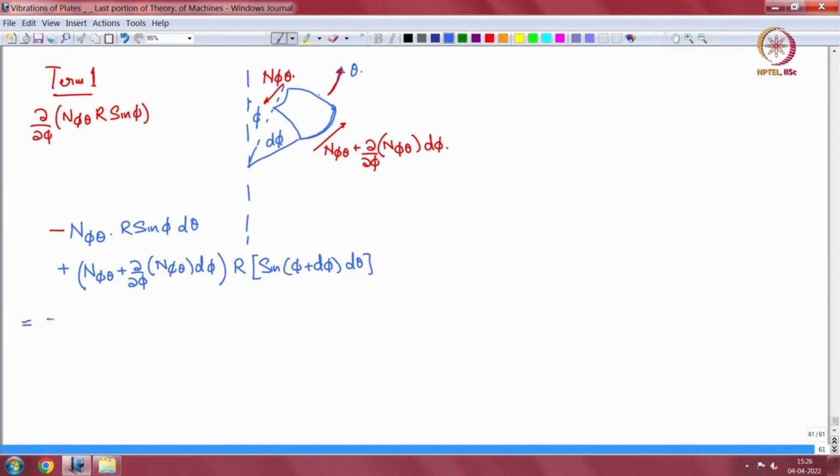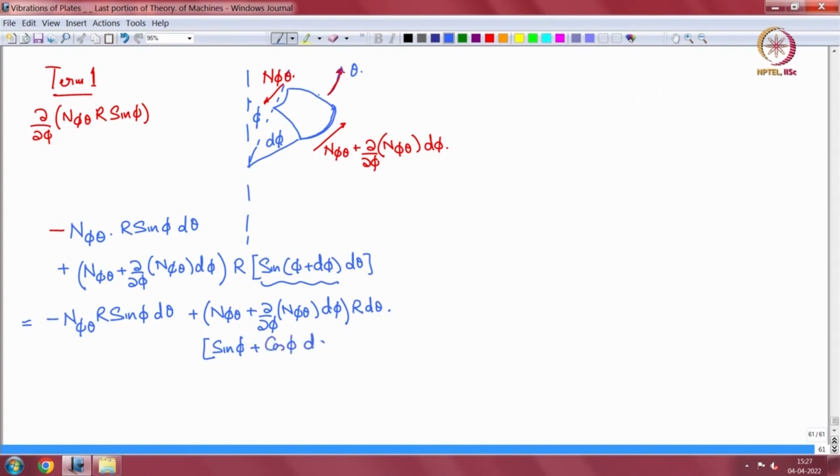is equal to minus n phi theta r sin phi d theta plus n phi theta plus del phi n phi theta d phi r d theta into this expansion, which is sin phi cos d phi plus cos phi sin d phi, which is d phi.